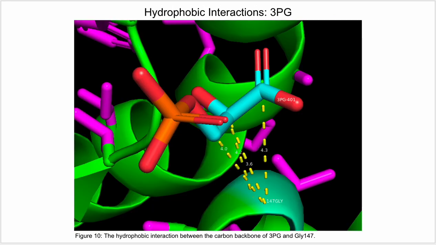Figure 10 shows the hydrophobic interaction of 3PG. So 3PG only has one apparent hydrophobic interaction occurring with glycine 147. The interaction occurs between the glycine 147 residue and the carbon backbone of 3PG.